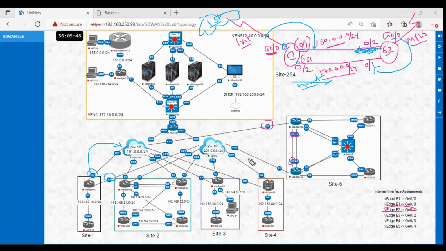So if you see it now virtually, it will be like this. We have an ISP.